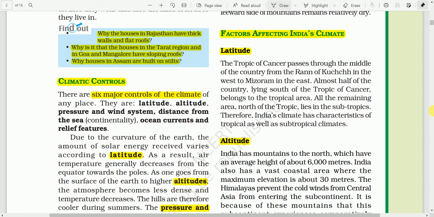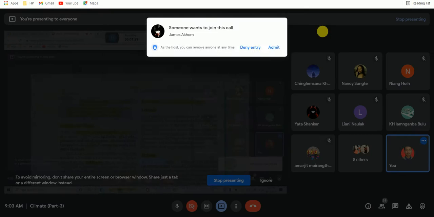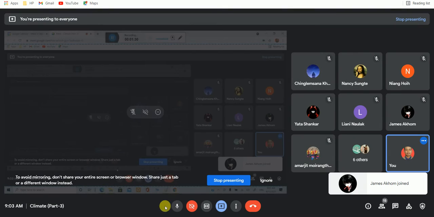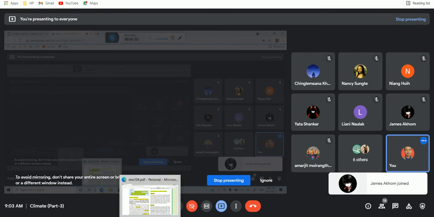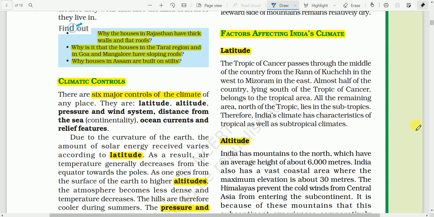So today we shall discuss factors affecting India's climate. Okay, last time we discussed climatic controls, that is factors affecting climate of any place.